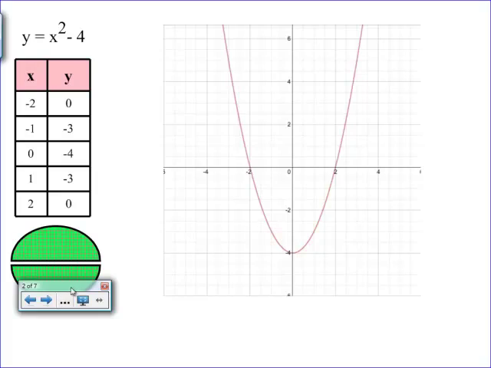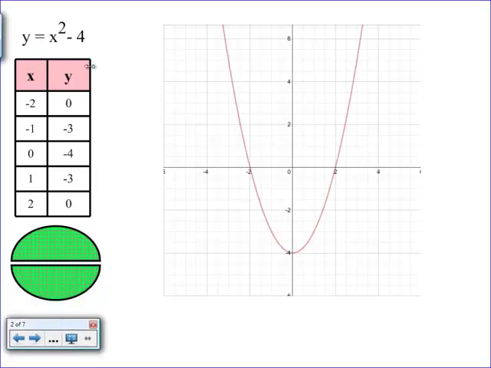Up till now, you guys have always graphed equalities. Y equals x squared minus 4. So if I pick the point of x being negative 2 and y being 0, and put them into the equation, it would equal each other. The 0 would equal, well, negative 2 squared is 4, 4 minus 4 is 0.